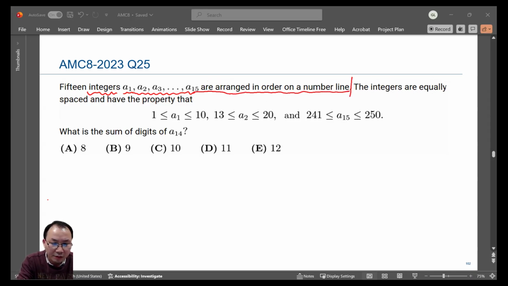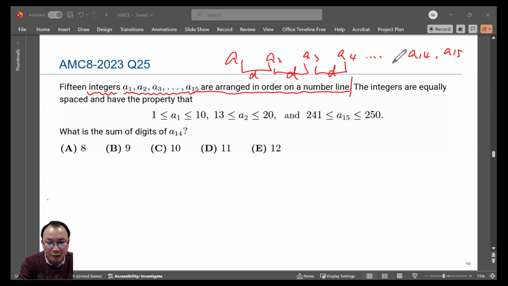So equally spaced, something like A1, A2, A3, A4 until A14, A15. If you use A2 minus A1, the distance is constant, right? We suppose the difference between every neighbor numbers is D. So we can describe it this way: A1 is the initial number and D is the difference between them.